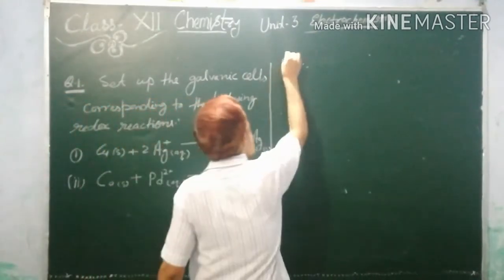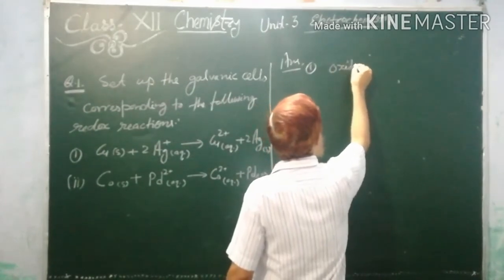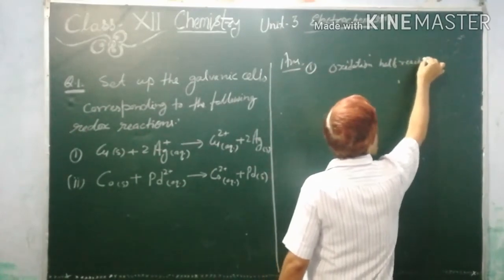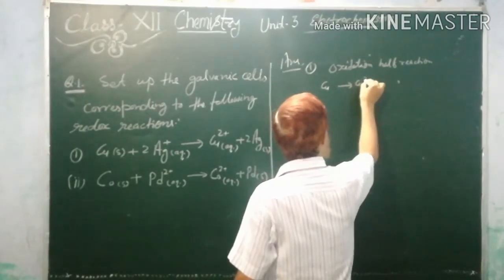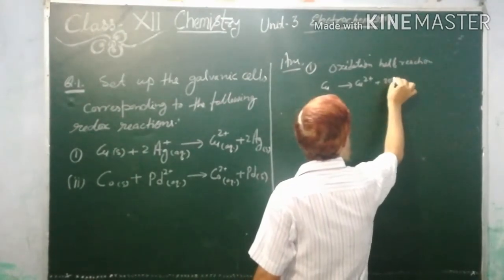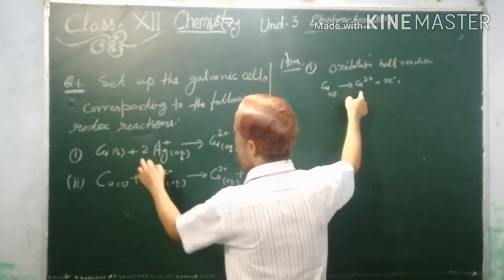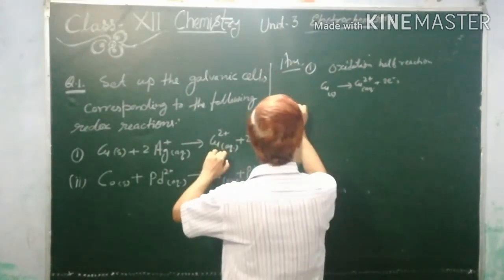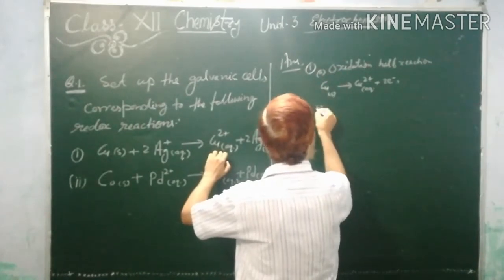So to answer this question, first we write the oxidation half reaction. You write Cu changing into Cu2+ after releasing 2 electrons. Cu is solid here and Cu2+ is aqueous.